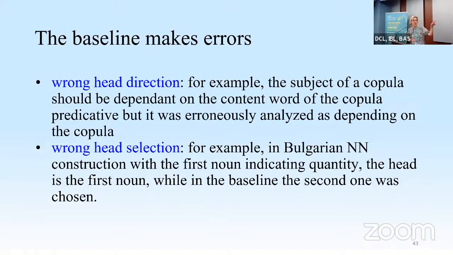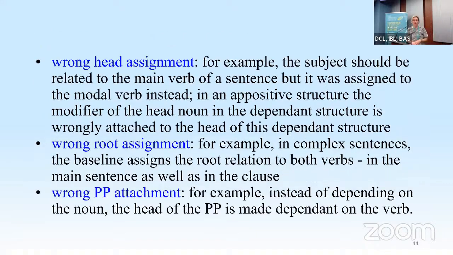Especially in constructions like in Bulgarian, like 'glass of water', 'chasha voda', of course, both of them can be licensed as heads. But in our model, the first one should be the head, and the model selected the second one. Otherwise both could be a good solution. Wrong head assignment, then wrong root assignment, and of course, wrong PP attachment. So the usual things that would also make problems for a parser.